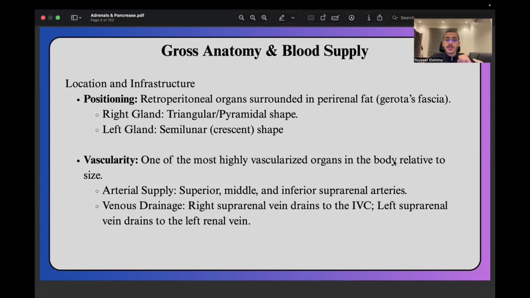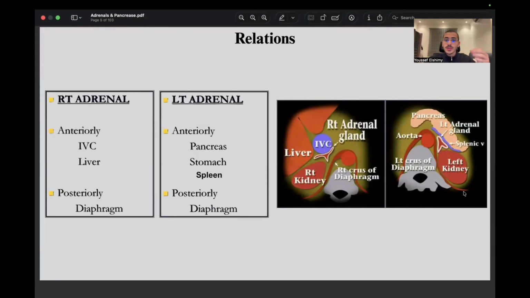And regarding the venous drainage, we have the right and the left suprarenal veins. The right suprarenal vein drains into the IVC because it's closer to the IVC, while the left suprarenal vein drains into the left renal vein, and this left renal vein then drains into the IVC. Okay, we're gonna talk more about the blood supply in detail after a few slides.